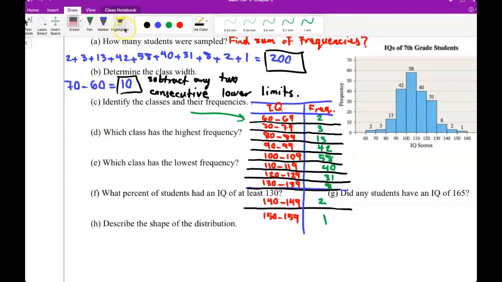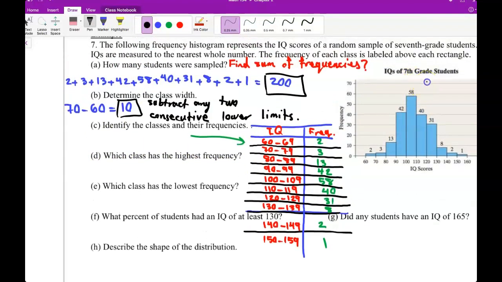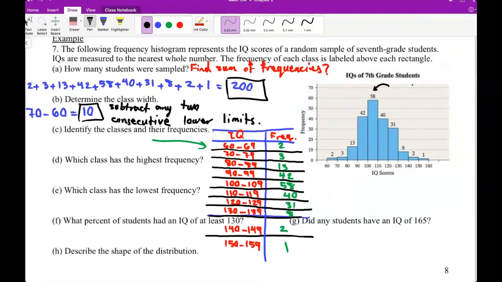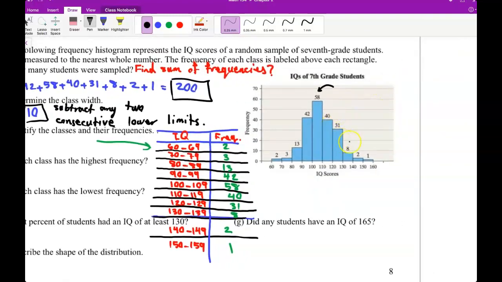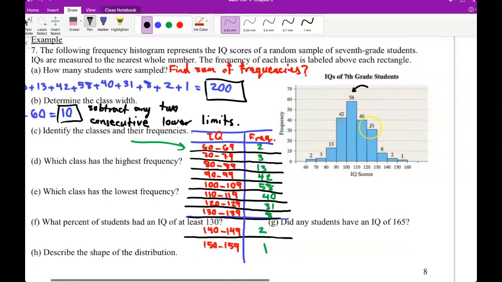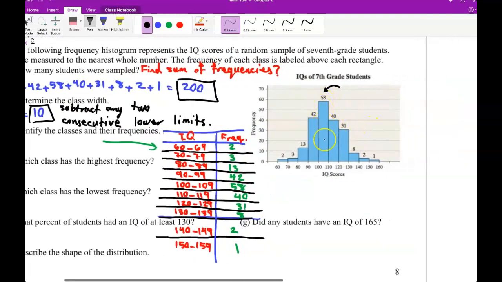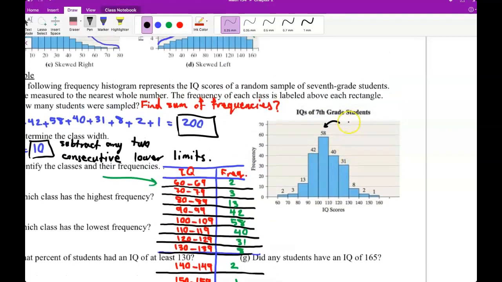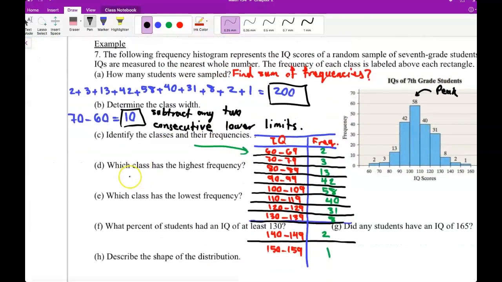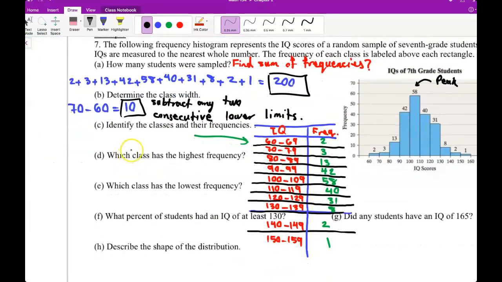And then part D, which class has the highest frequency? The one with the highest frequency is this one in between. Obviously this one is bell-shaped because the highest one is in the middle. So this is the highest.